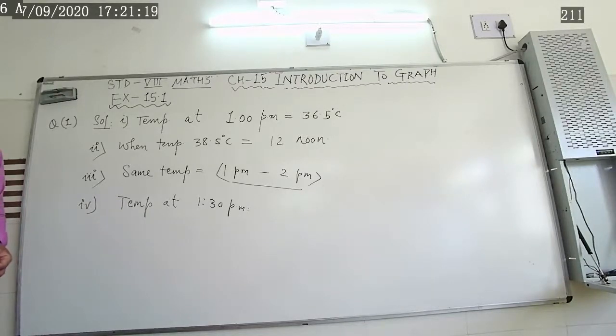The temperature at 1:30 PM is 36.5. You can write down that the temperature value is going to be 36.52.